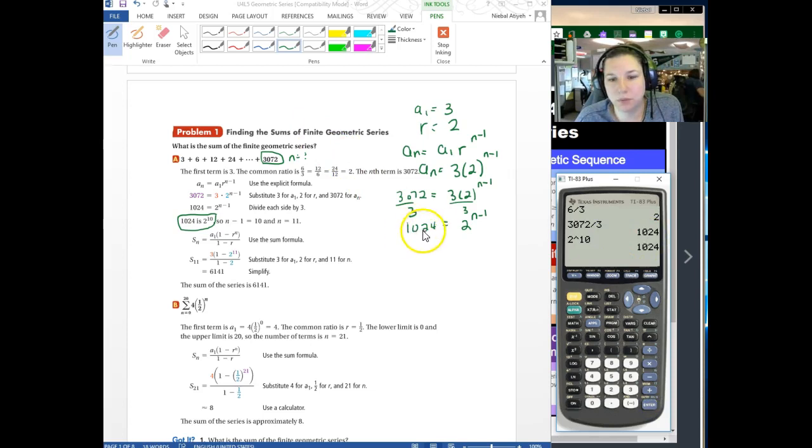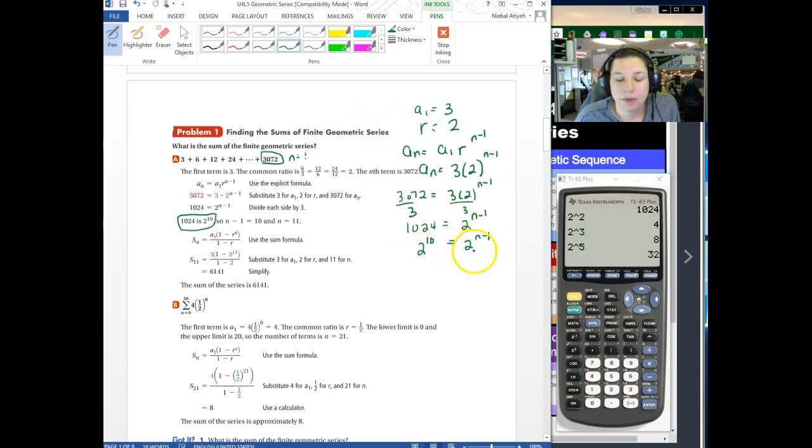So they're replacing this 1024 as 2 to the 10. And we know it's going to be a base 2, so if you don't know that, you probably don't know that 2 to the 10 is 1024, but what you would have done is we want to try and rewrite this so it's a base 2. So you would have tried like 2 to the 2, 2 to the 3, 2 to the 4, 2 to the 5 until you get the number you're looking for.